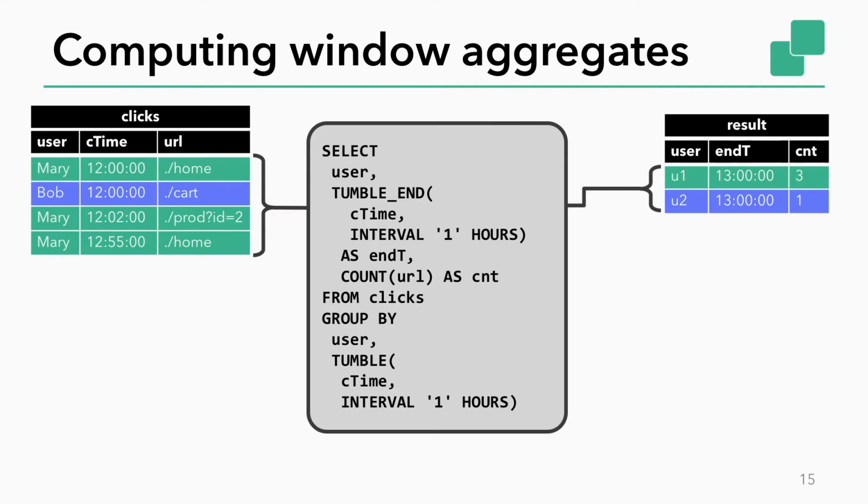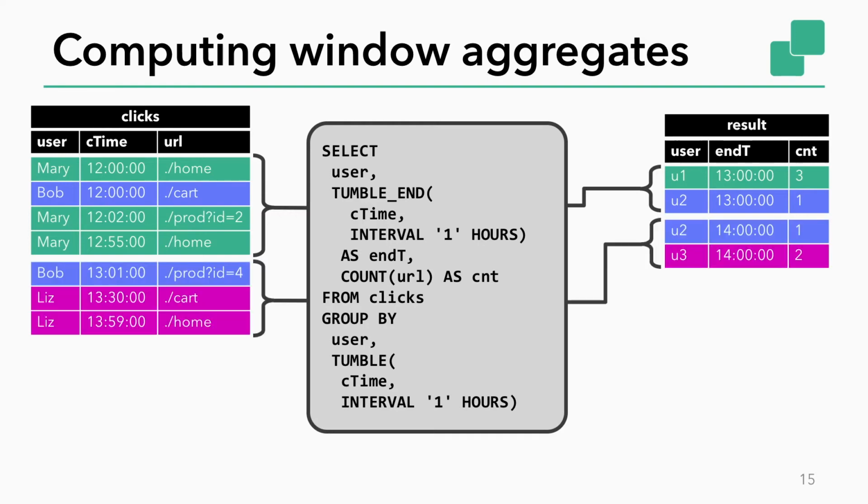One for the first user, which is Mary here, with a count of 3, and Bob will have a count of 1. And you see that the end timestamp there is 13 o'clock, which is the end timestamp of the window. So the window goes from 12 to 13.